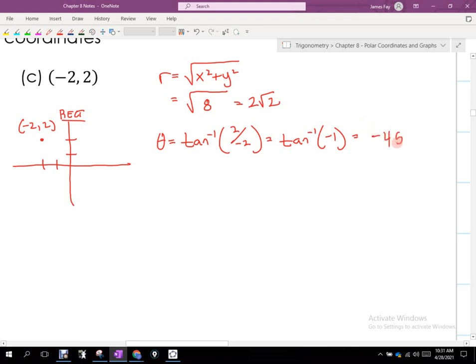Good. Because remember, theta is between those two things there, right? So this is only quadrant 1 and quadrant 4. Where are we in the rectangular system here? Quadrant 2. So there's a problem here.